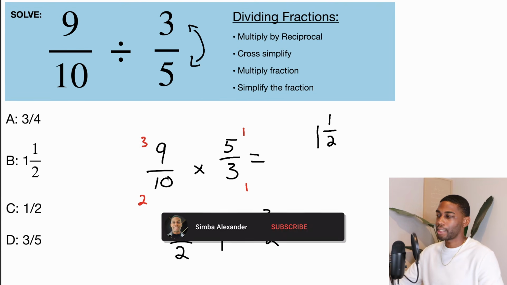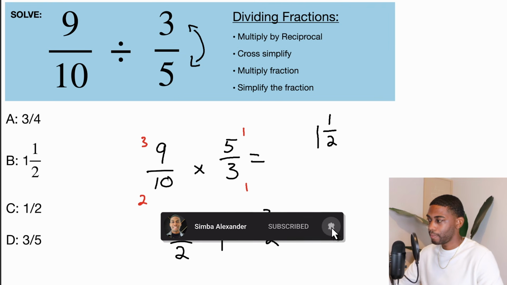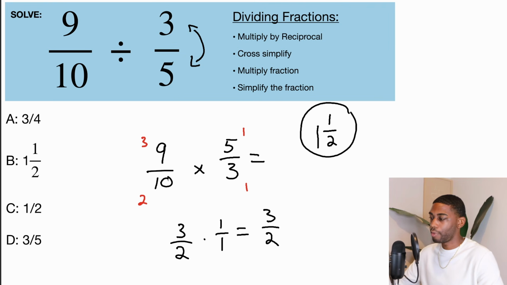See how everything is kind of tying into each other? We turned our improper fraction into a mixed number. 1 1/2. B would be your correct answer.